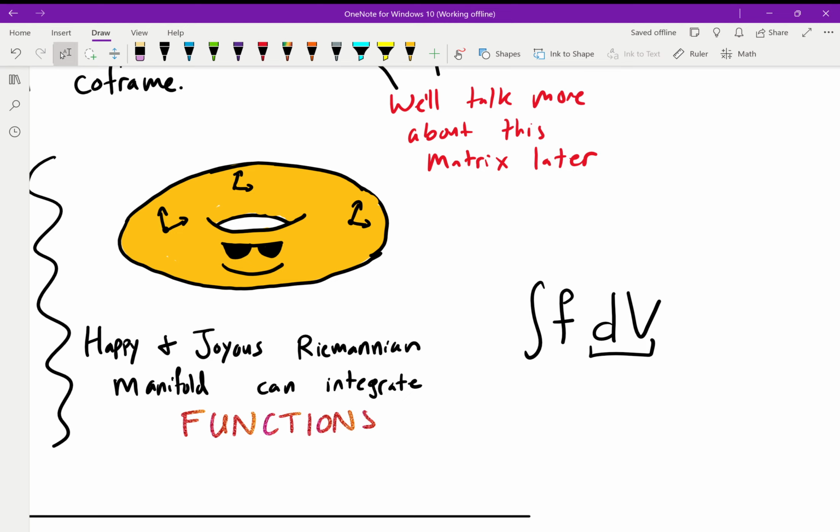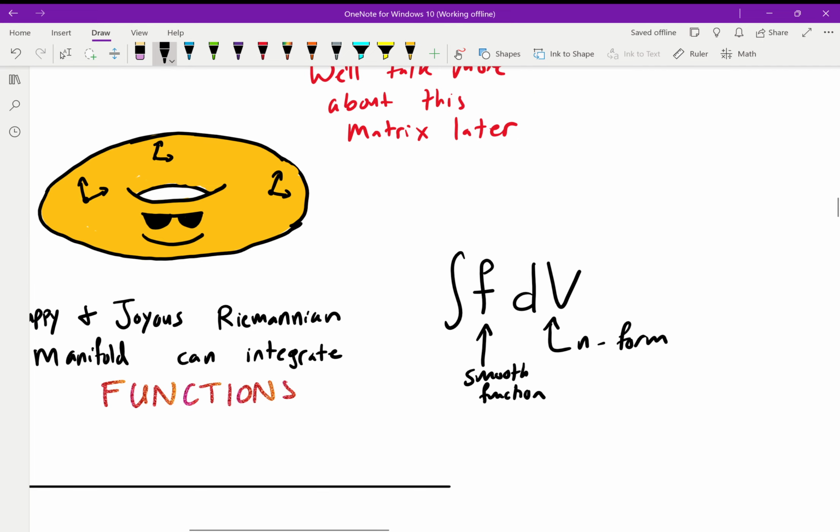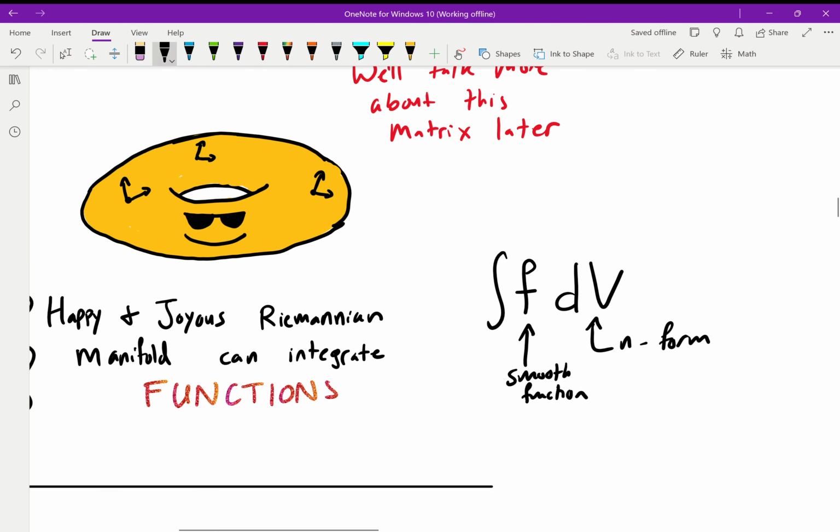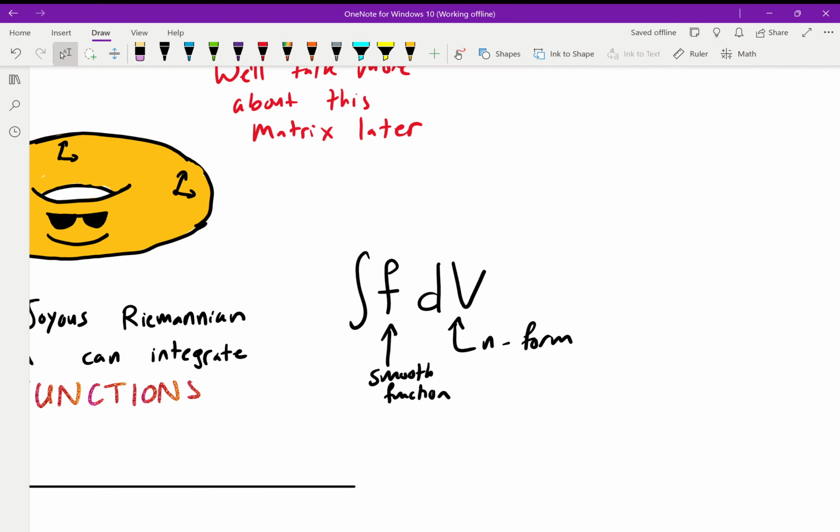So dv is an n-form, right? You multiply that by a smooth function. It's still an n-form, or an n-form field or whatever. And you can integrate n-form fields over n-chains. Okay, yes. So multiplying these things keeps it an n-form. And this would be equivalent to a canonical n-form to integrate against. I see.